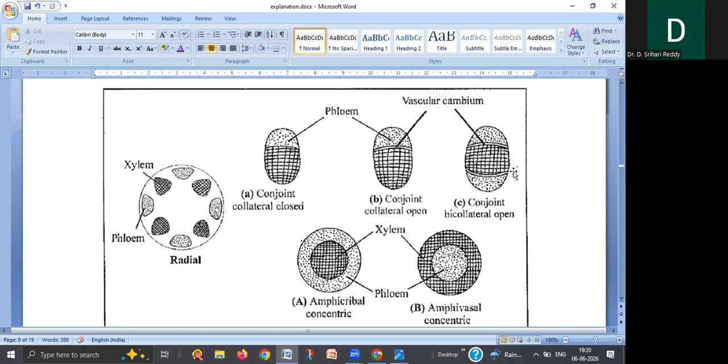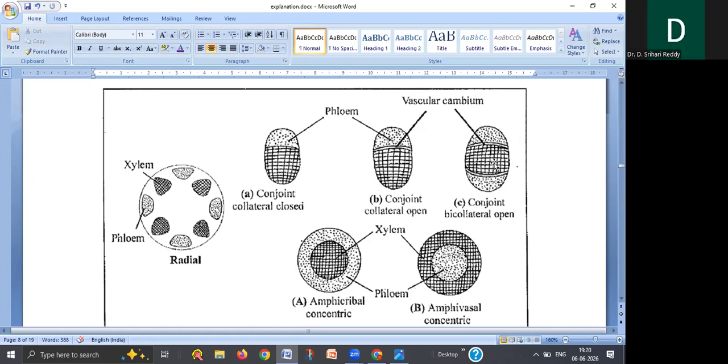And there is one more vascular bundle, that is the bicollateral vascular bundle, bicollateral open vascular. Bicollateral means on both sides of the xylem there is a phloem, outside and inside. Xylem is in the middle, and on both sides we find phloem, that is called bicollateral. And xylem and phloem are separated by vascular cambium here.